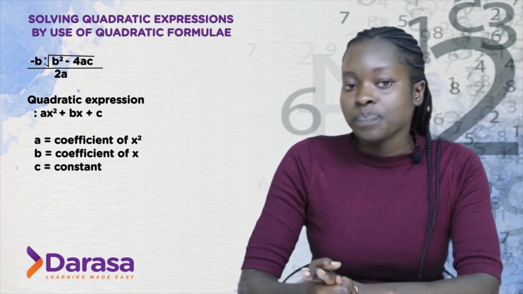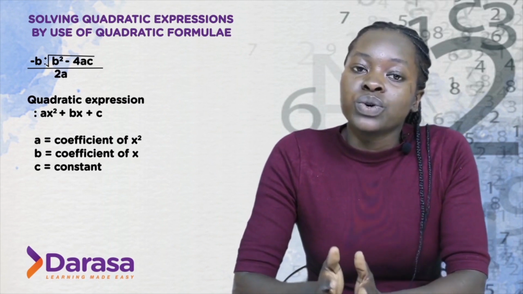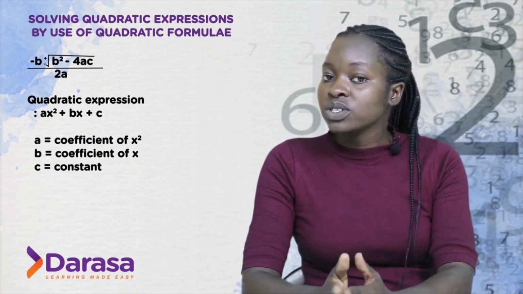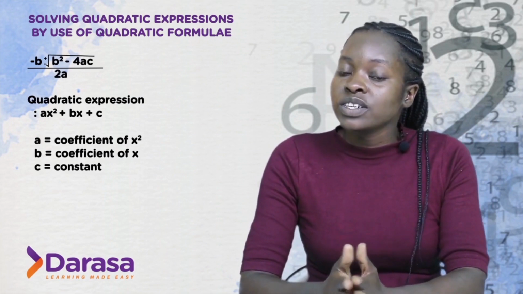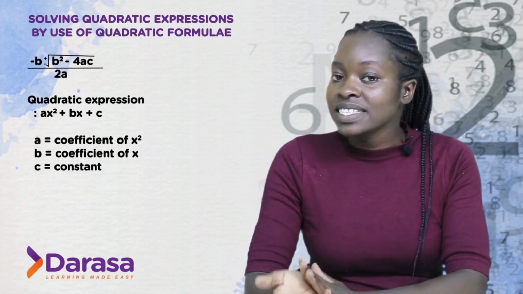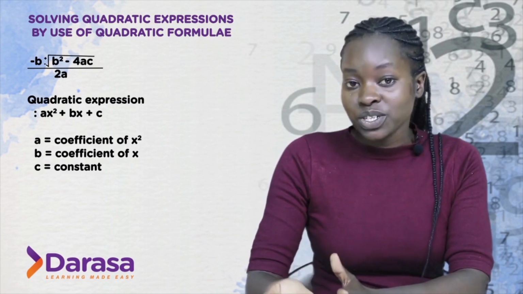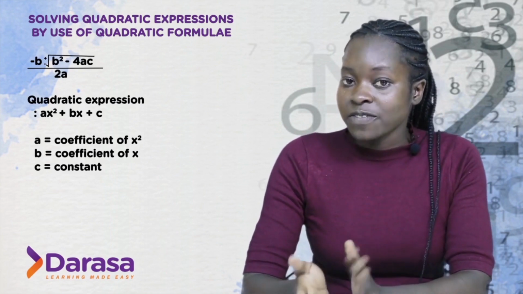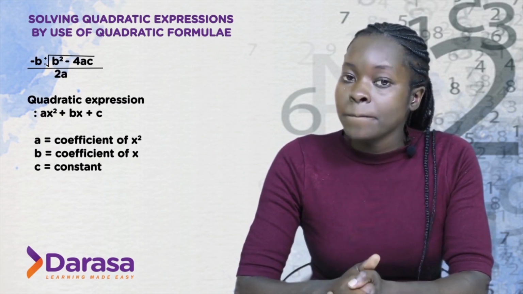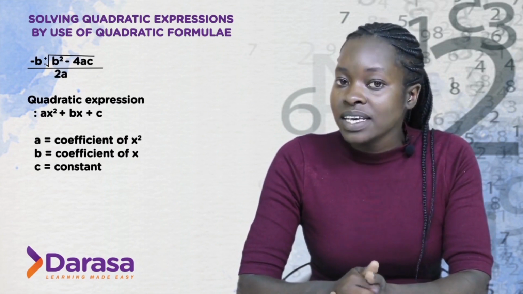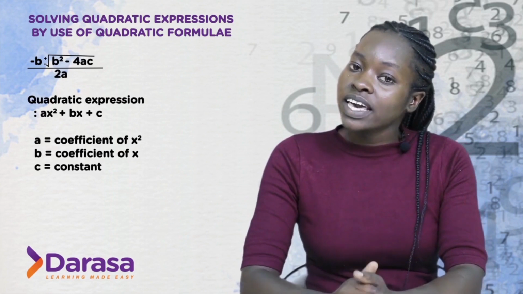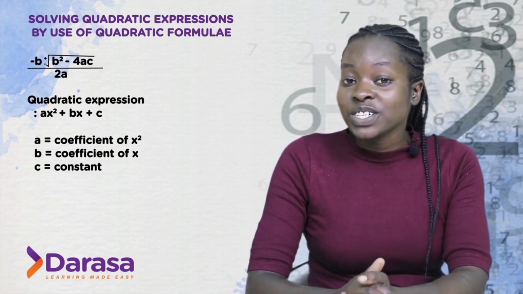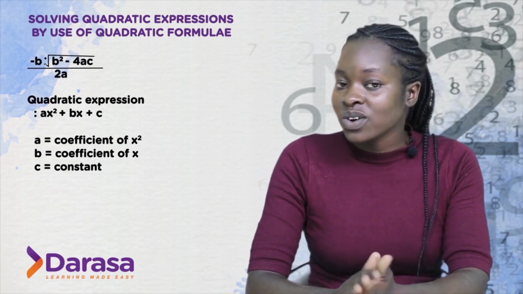I'll repeat. To work out your quadratic expression using your quadratic formula, you have to identify your a, b, and c in your quadratic expression. And we said a quadratic expression is usually in the form ax squared plus bx plus c equals 0, where your a is the coefficient of x squared, your b is the coefficient of x, and your c is your constant.